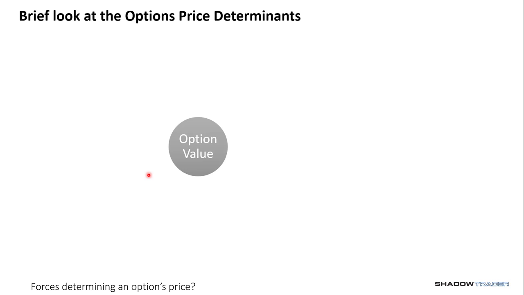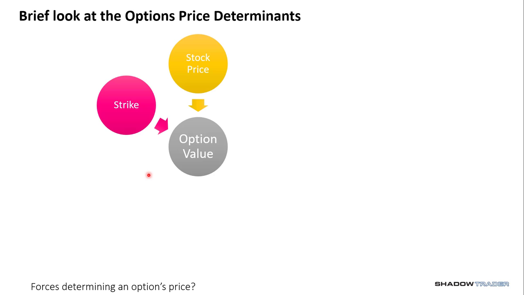Now, taking a look at what these option prices are, if we look at the ask or the bid price, certain things determine the price of those options. Typically, it is market pressure based upon: one, the strike price that you're looking at; two, the price of the underlying equity; three, the time to expiration.